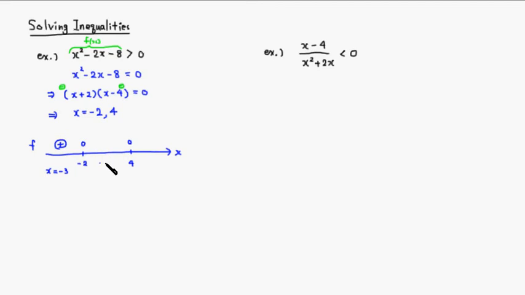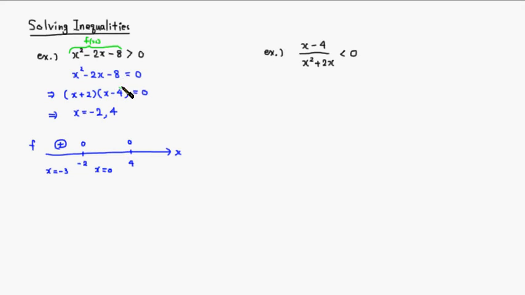Let's take a sample point between negative 2 and positive 4. I like 0, so I'm going to try 0 here. If you plug in 0, 0 plus 2 is positive. Oh, sorry, it's kind of hard to see, so I'm going to erase this first.